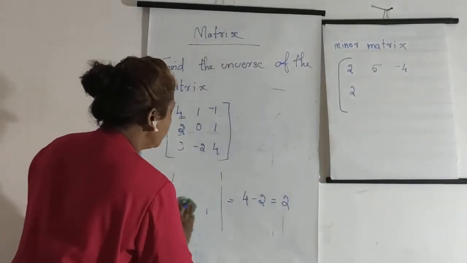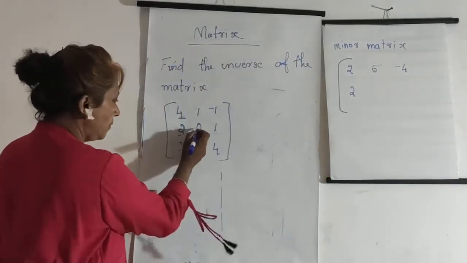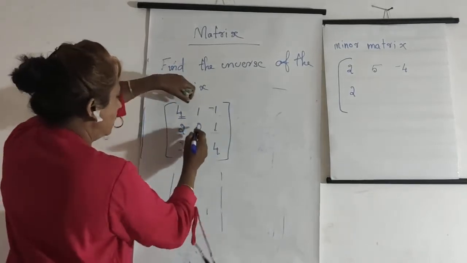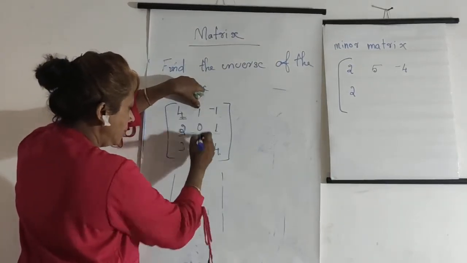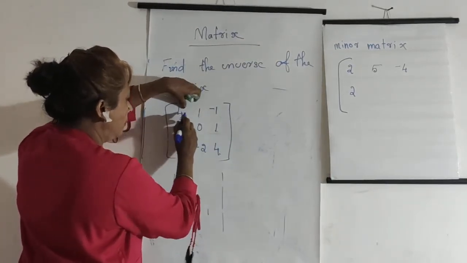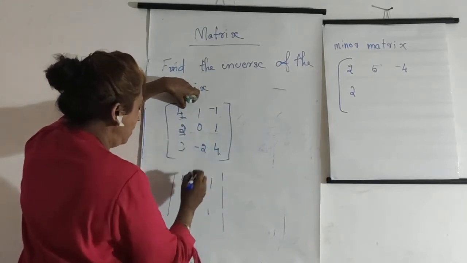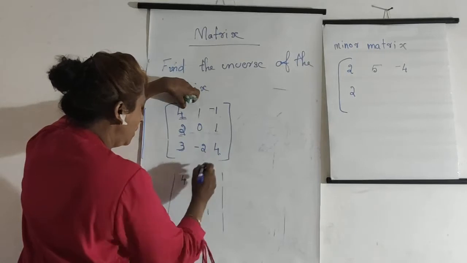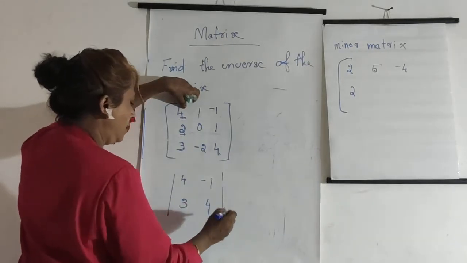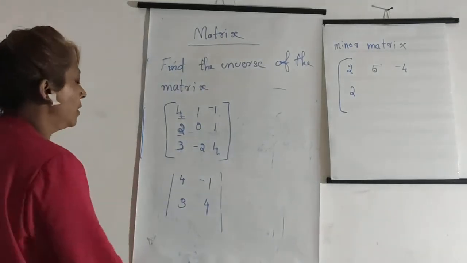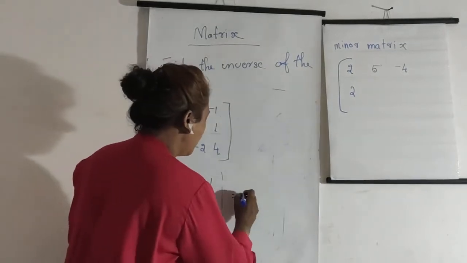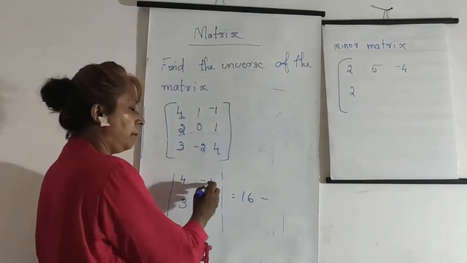Similarly, for the minor for this 0, see this one is gone, this one is gone. Then 4, negative 1 and then 3, 4 is there. Then 4 times 4, it is 16, minus negative 3.